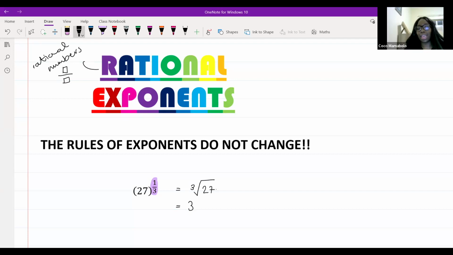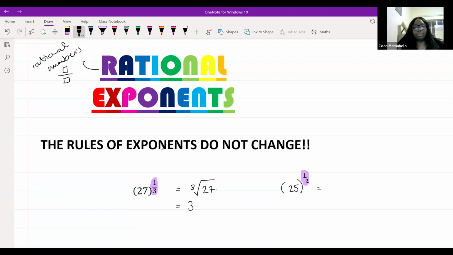Now, in this case, if I said I have 25 to the power of a half, that is the same thing as the what root? What root would this give us? If we think about it, to the power of a half would give us the what root?